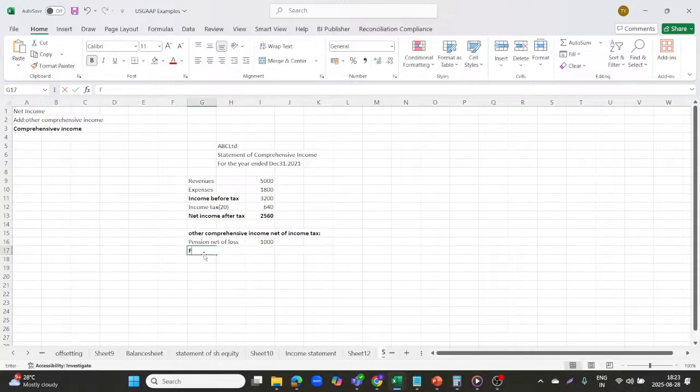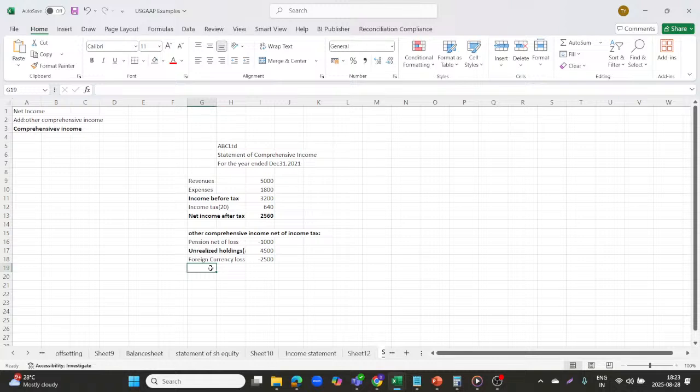Then you have foreign currency items. Foreign currency items will be the gains or losses arising due to foreign exchange fluctuations. So maybe it's a foreign exchange loss, because of an increase, decrease, or change in the foreign exchange rates.